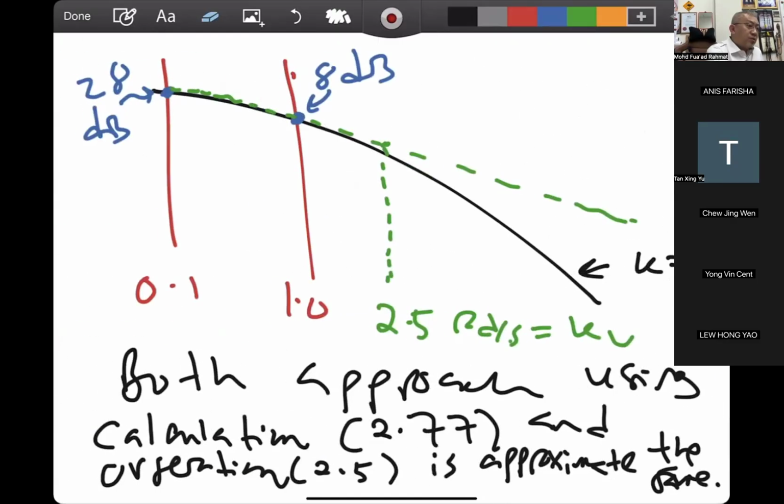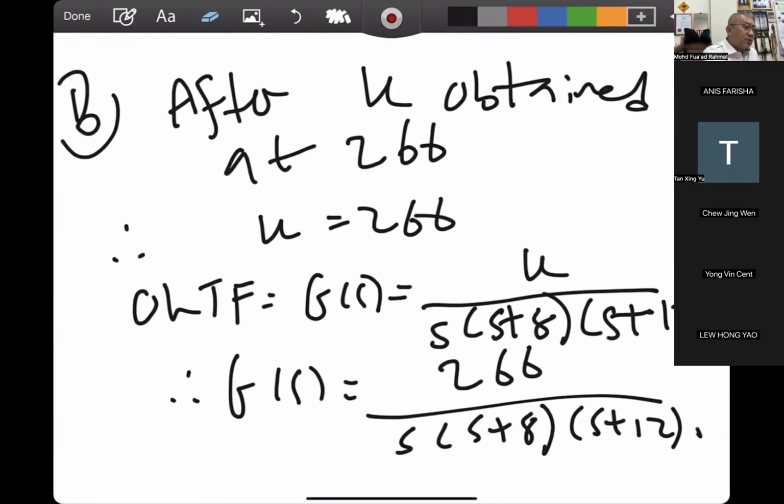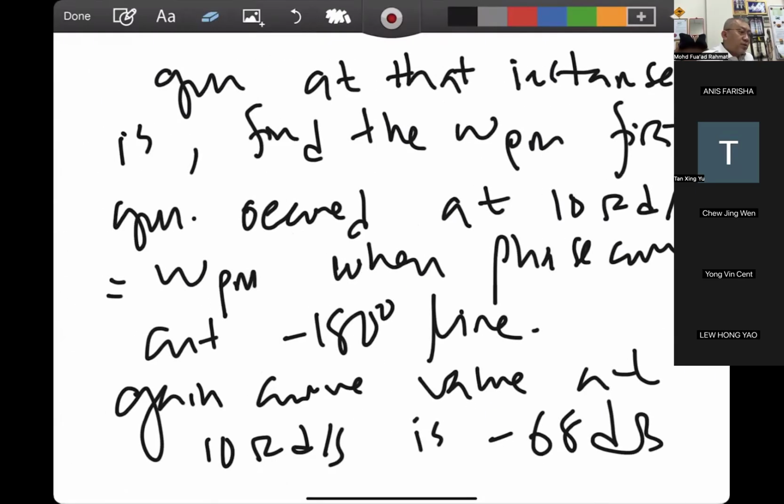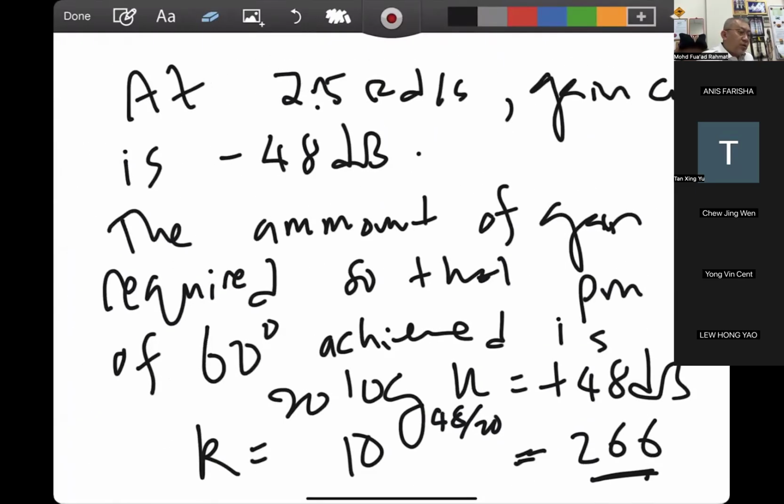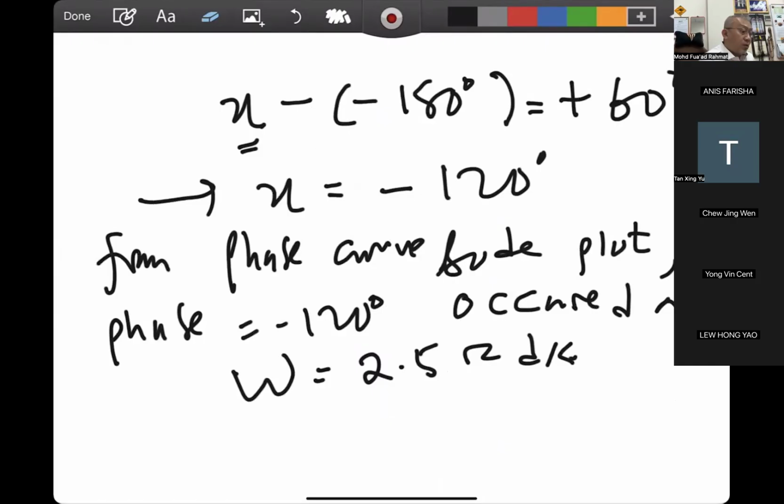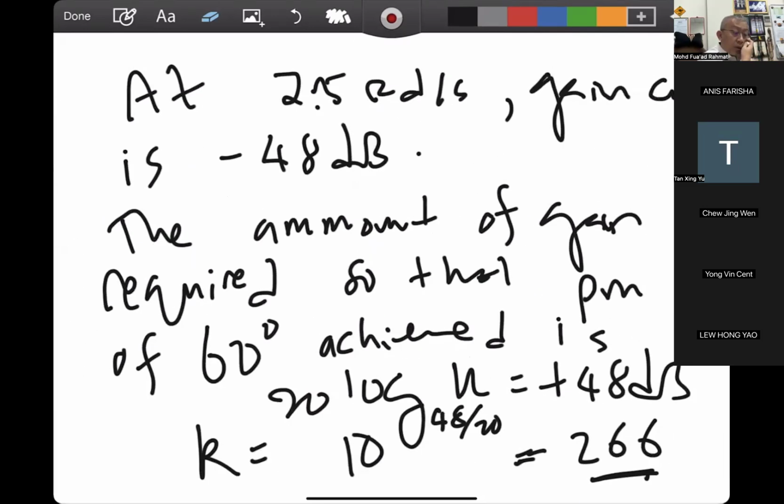Kamu jauh sangat. Ni ke? K266. What's the problem? K266, yeah? Antilog 48 divided by 20.